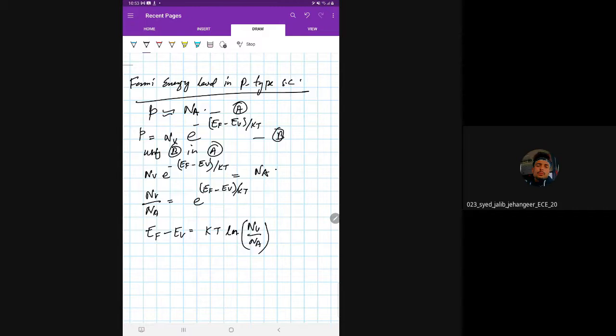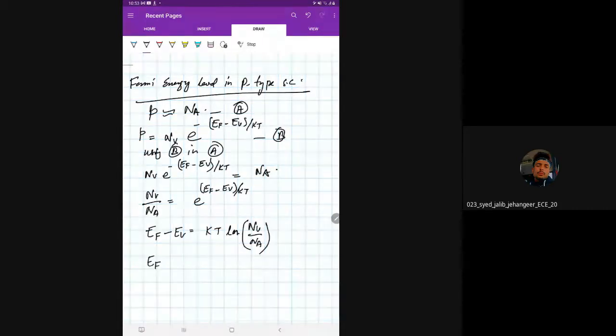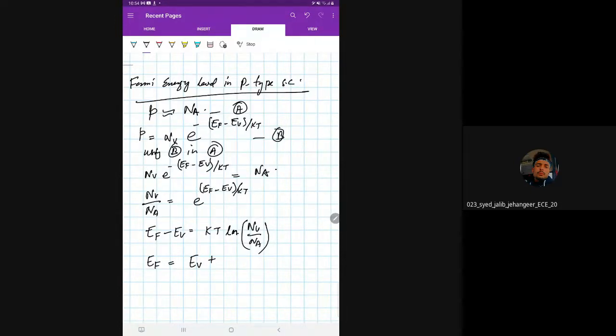And finally, we can extract EF from this equation. EF, that is Fermi energy level, will be equal to EV plus kT ln of Nv divided by Na. This is, say, for example, the final equation C.